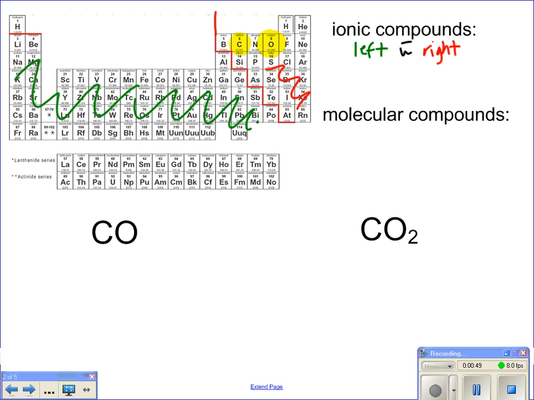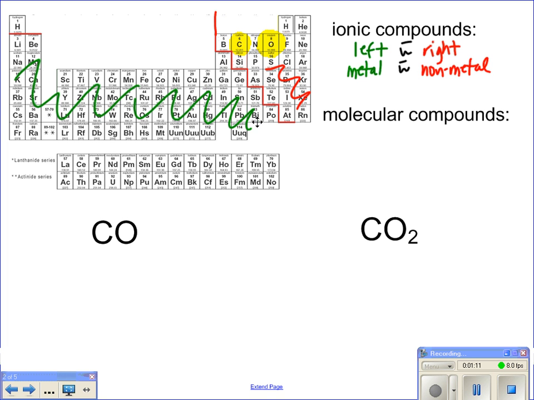Or we've also looked at it in terms of these things on the left-hand side being called metal elements. So a metal gives up electrons and bonds with something on the right called a non-metal. Okay, and that's been our traditional definition up to this point.